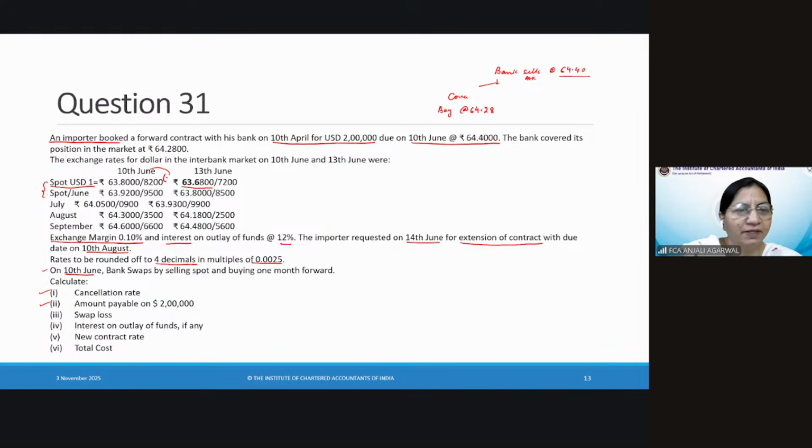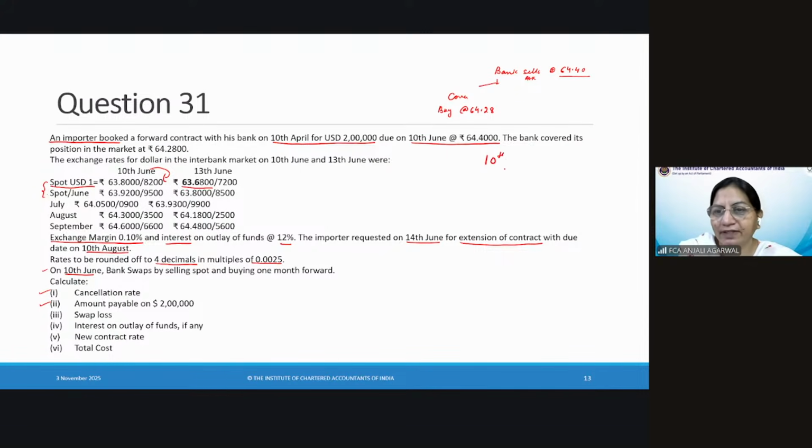This is applicable here. And this is applicable here. And even these rates are also for 10th June and 13th June. These are July forwards, August forwards on 10th June. July forwards rates will also change on 13th June. They may change. Yes, ma'am. Within 3 days, there can be some movement. So the forward rates can also change within 3 days. Is it clear?